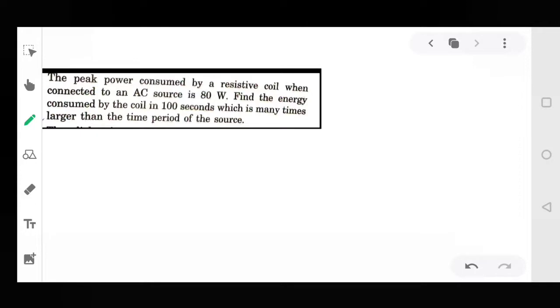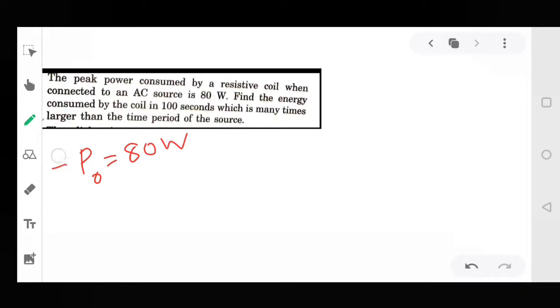So peak power, P naught, is 80 watt. We are asked to find the energy consumed.